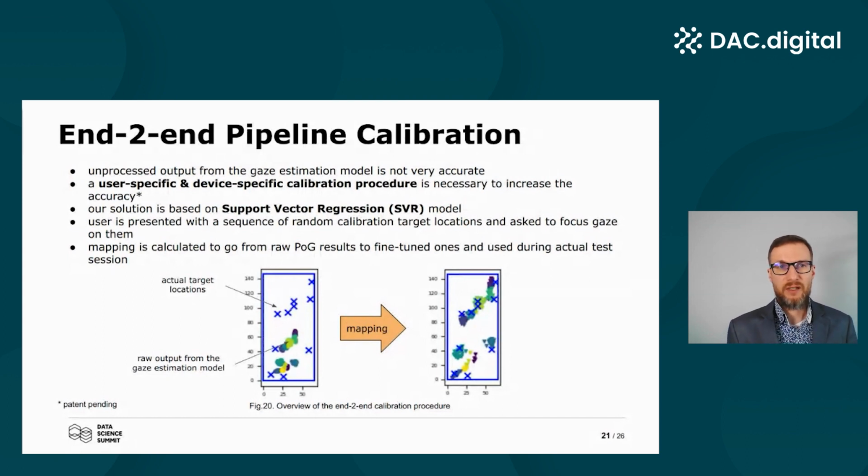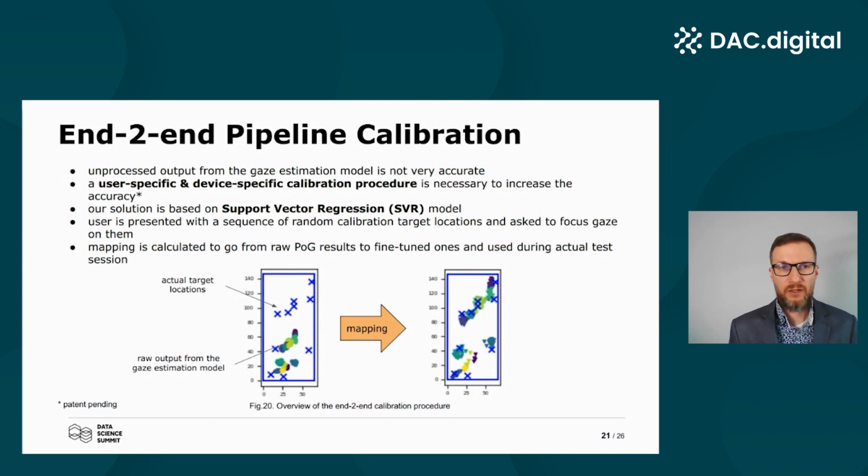First, the user is exposed to a sequence of target locations on which he or she is supposed to focus the gaze, similar as in the data collection procedure. Then we use a support vector regression model to create a mapping to go from raw unprocessed POG locations to fine-tuned ones based on the location of ground truth.